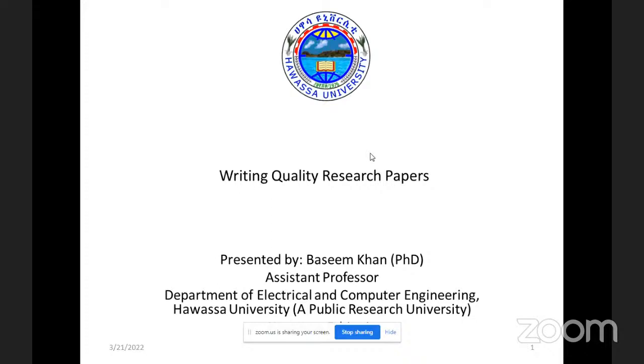Because if you see research papers from good journals like IEEE Transactions, where I have also published some papers, or other journals with a good impact factor, the first time you find nothing related to you. There is so much math, different types of methodologies, so many graphs and figures, and it's very difficult to start.